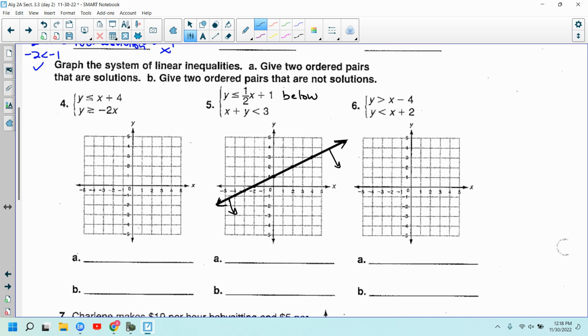Johnny, what do we got to do on that other one here before we can graph it? Subtract the x by both sides. Subtract the x, you get y is less than negative x plus 3. This is again going to be below when we're done. All right, graph negative x plus 3. So go to positive 3.